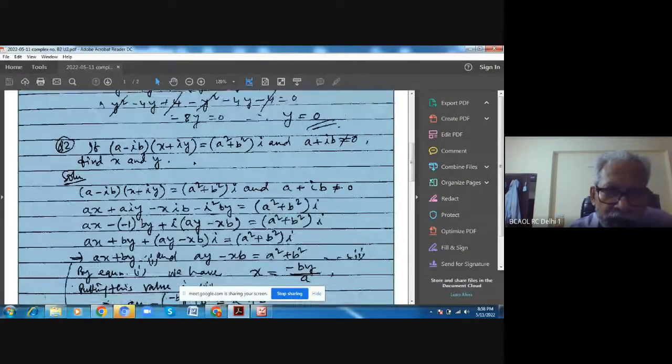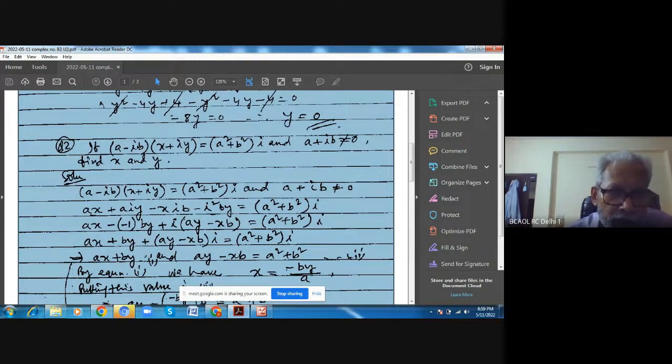Similarly, another one is there. This is given. If this part and this part are already given, you have to find the x and y values and derive them from here. Some real part is there, some imaginary part is there. Here a is the real part, so not much problem.